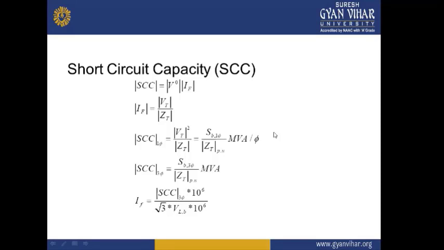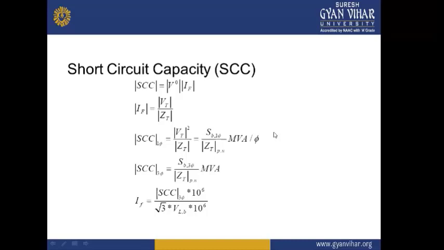IF is the fault current which flows through the short circuit path of the network, where mathematically it is defined by Vt upon Zt, where Vt is the terminal voltage at the location of the fault, and Zt is the fault impedance or the terminal impedance.